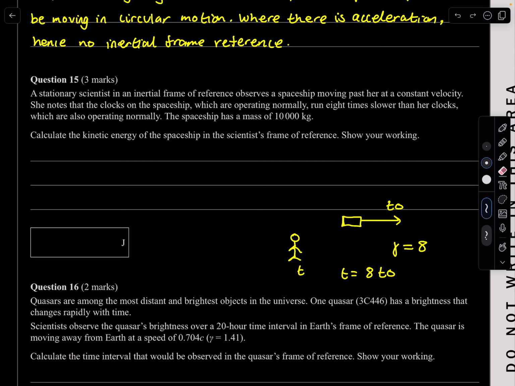And we can easily calculate the kinetic energy of the spaceship in the scientist's frame of reference. We know that kinetic energy is gamma minus 1, times mc squared.